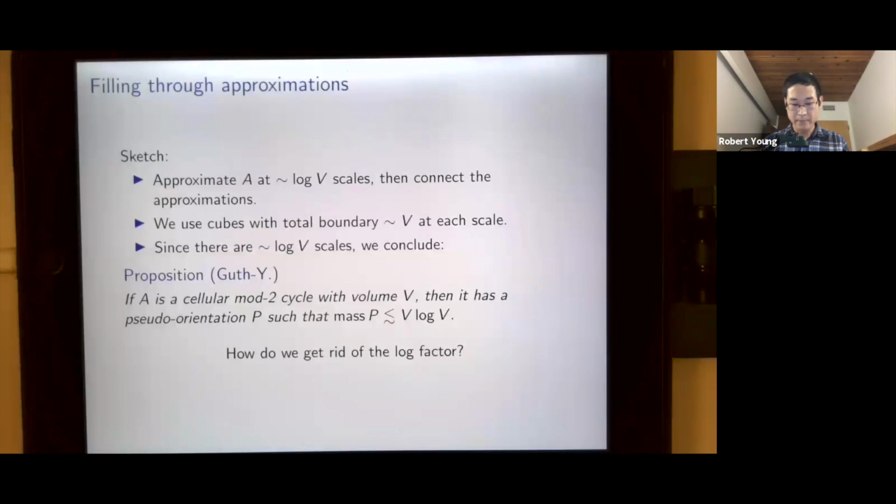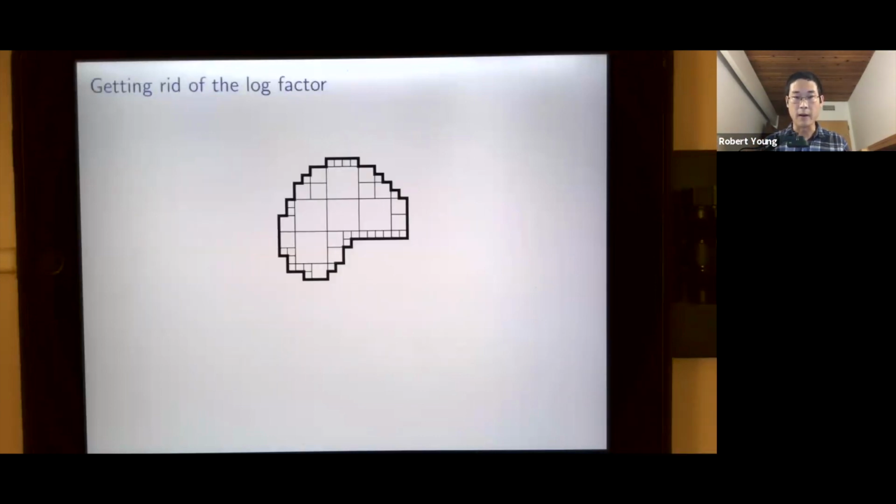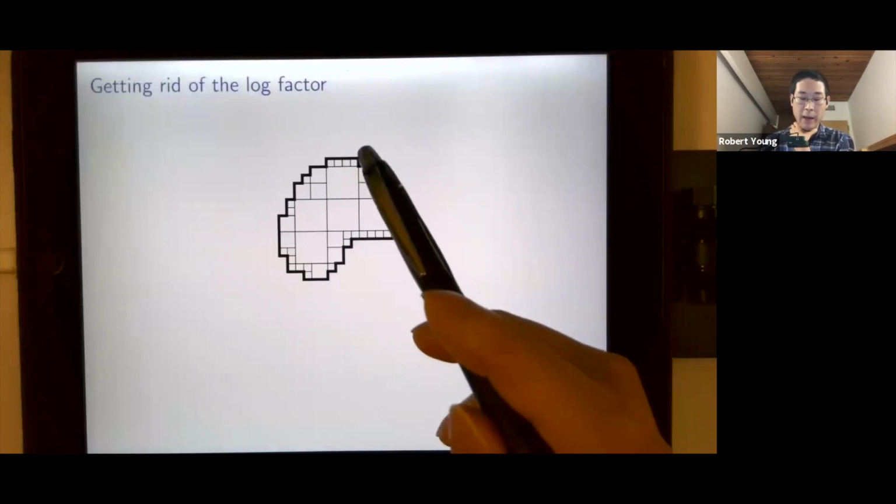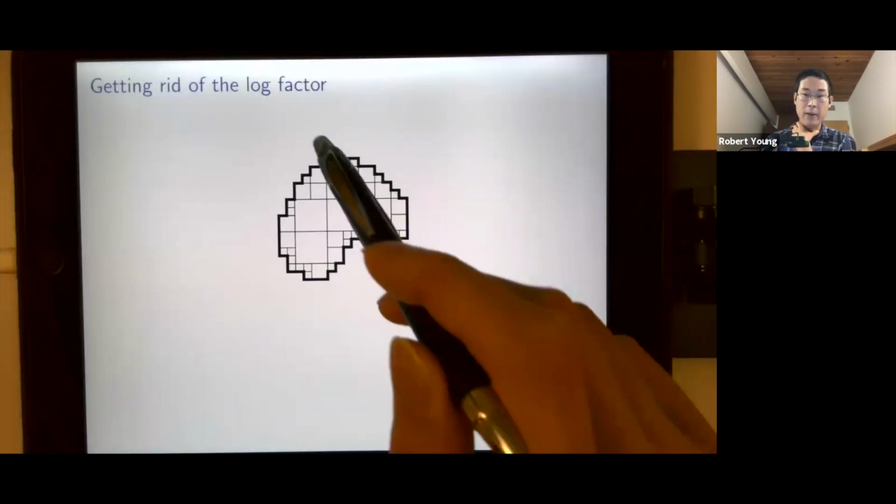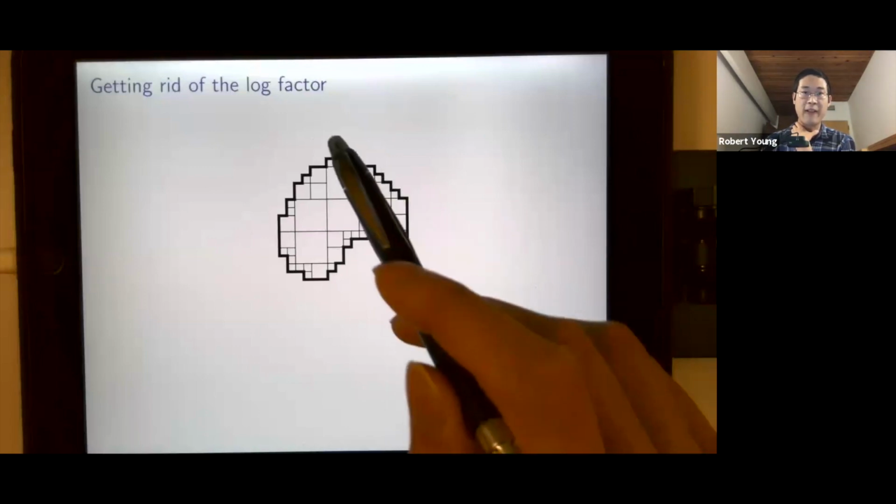Well, if you look at this algorithm and ask, where is this inefficient? Where are we wasting boundary? It turns out that the place where we're wasting boundary is regions where A is flat.